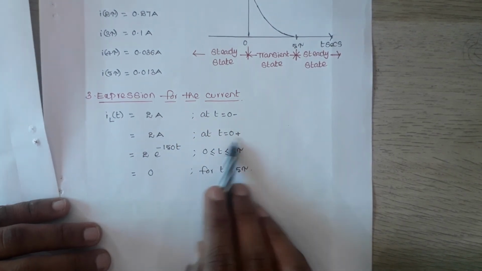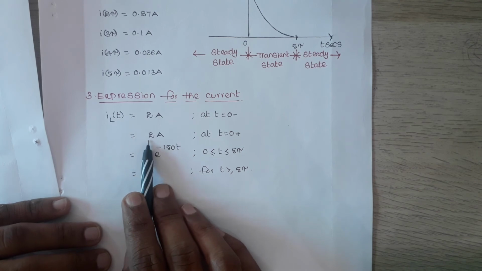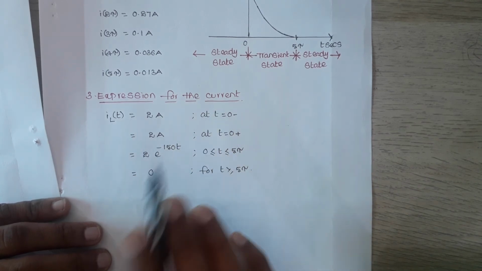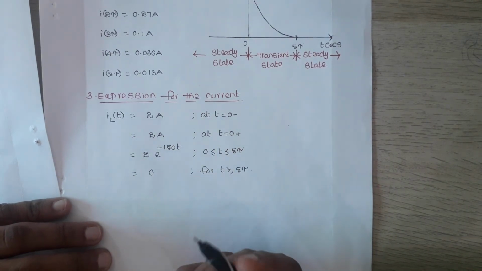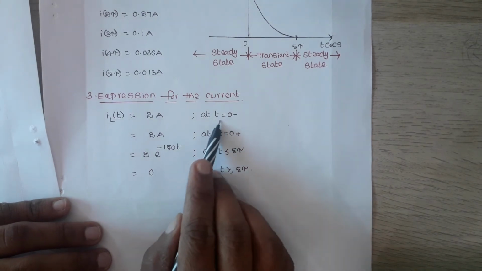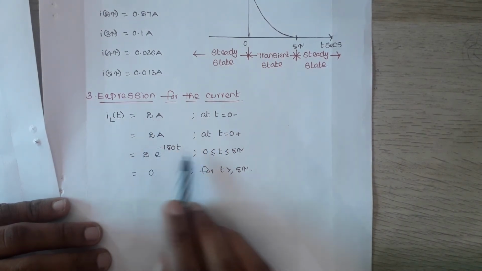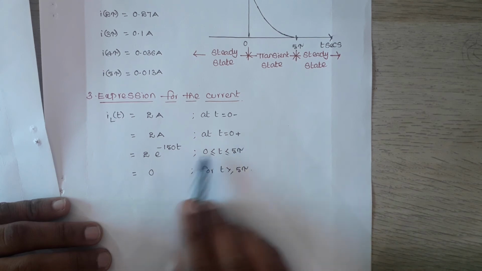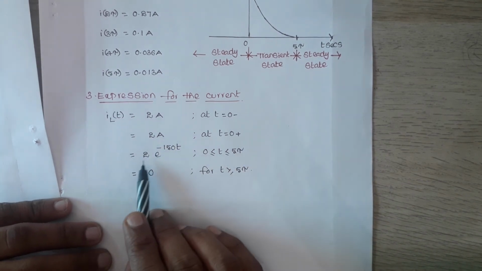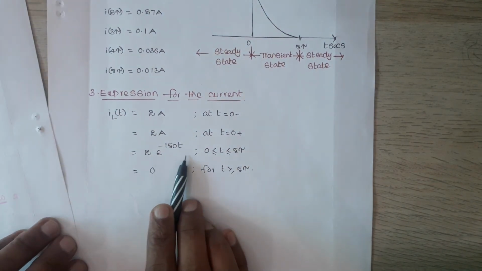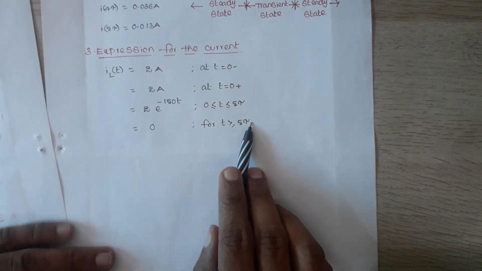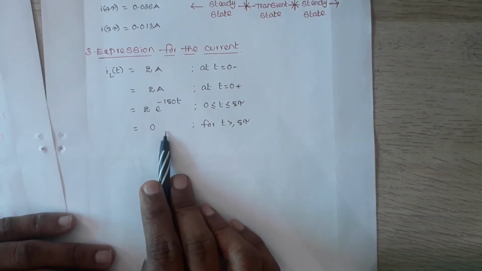At t equal to 0 plus, current is 2 amperes, because current in the inductor does not change instantaneously. IL of 0 plus equal to IL of 0 minus. That's why 2 amperes. In between 0 and 5 time constants, it is exponentially decaying, 2 into e power minus 150t. After 5 time constants, current in the circuit is 0.